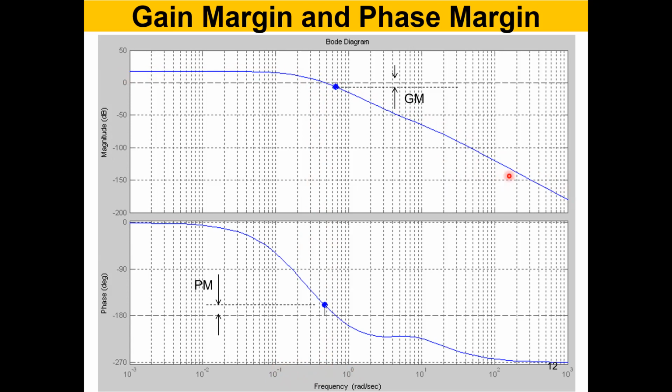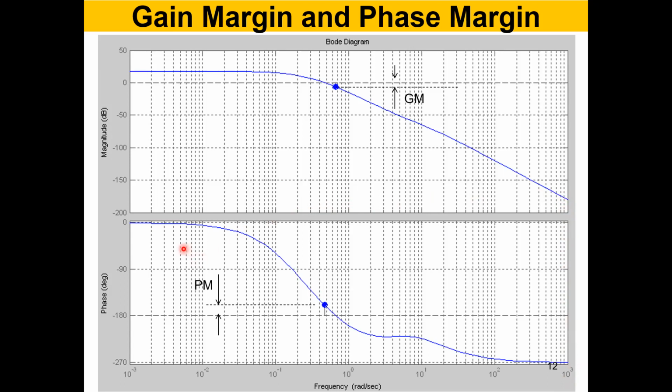Eventually you will not get anything out of the block for higher frequencies like 10 to the 3, that is 1000 radians per second. The signal is very weak. The entire signal energy is actually absorbed by the block itself.